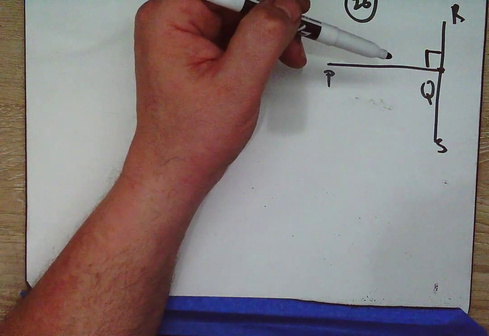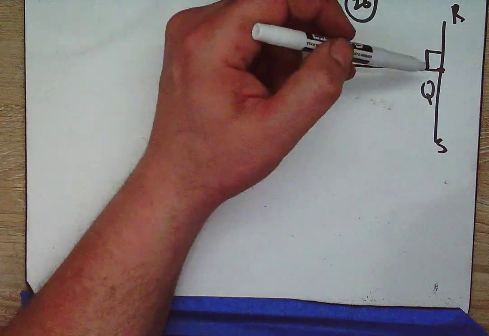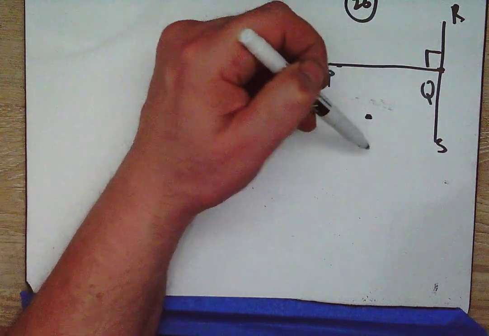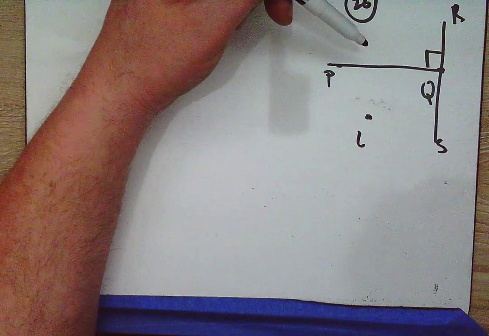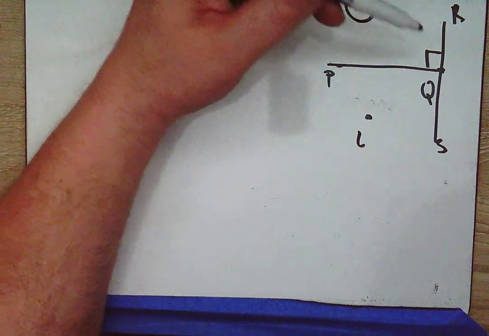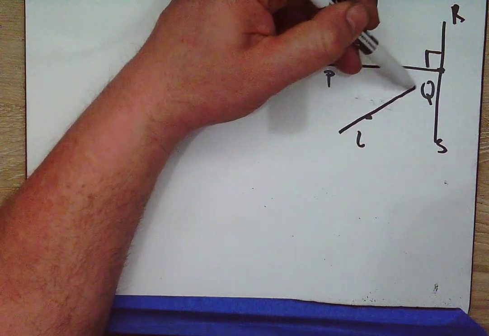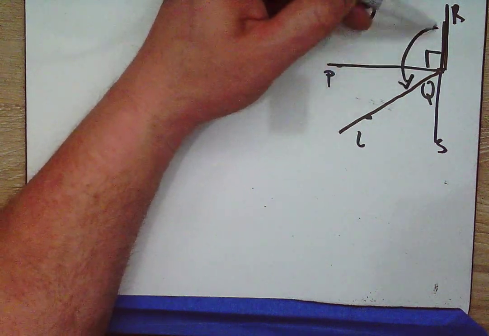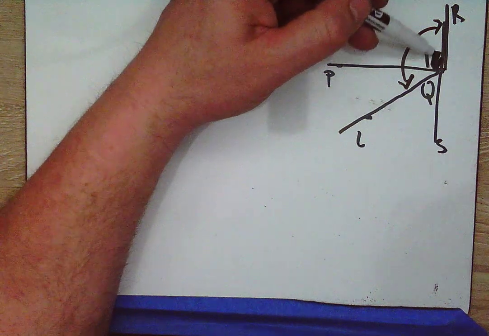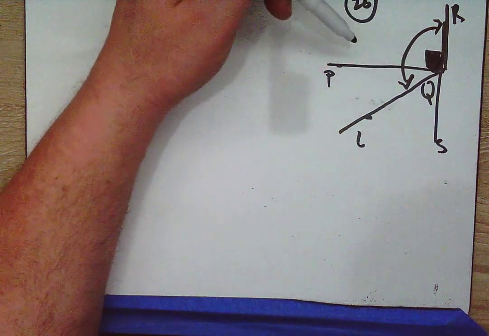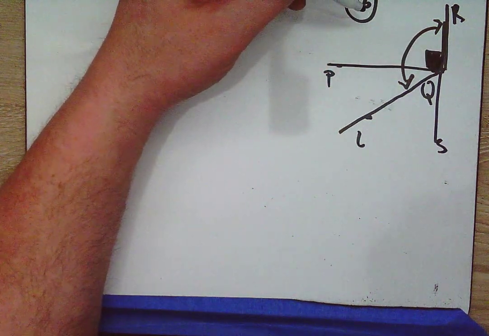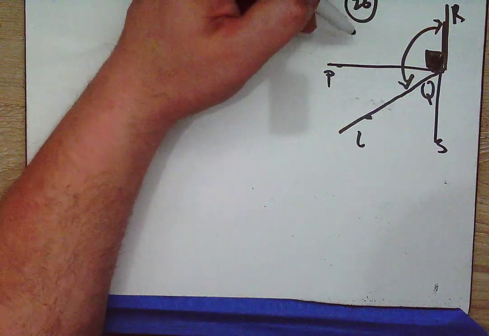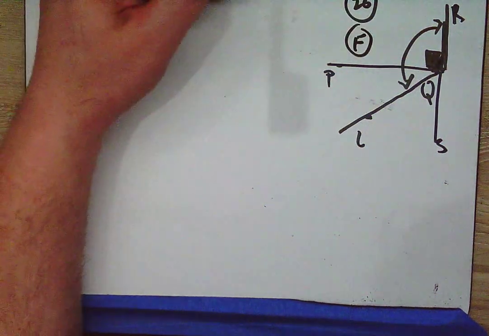Point L is in the interior of PQS. PQS, so there's an L over here. And then which could be the measure of LQR? Well, this is LQR, and I know that this angle is 90, so I'm looking for something that's bigger than 90 degrees. And the only one I find is choice F. F for number 26.